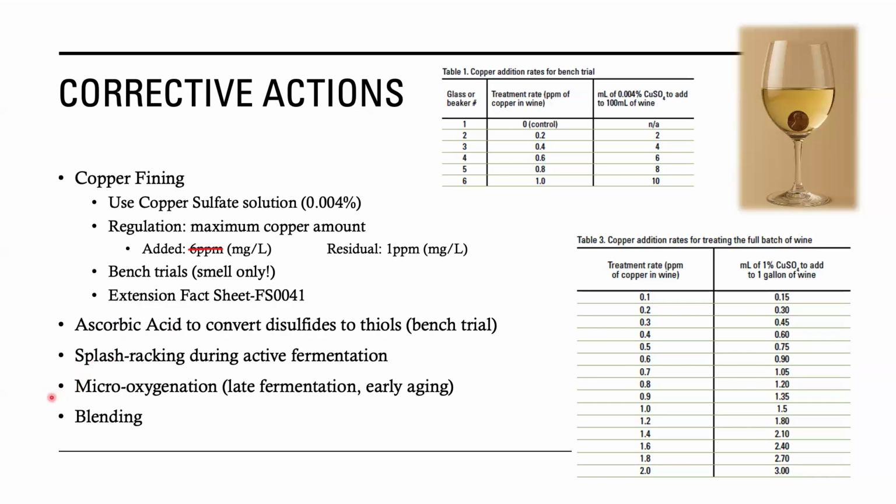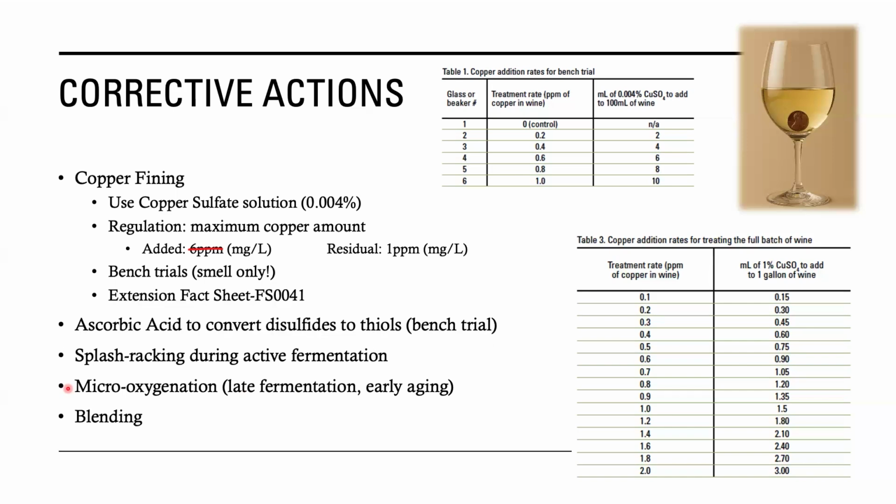You can use microoxygenation in late fermentation or early aging, but you need a whole set of equipment to control the amount of oxygen you're adding. This is not just bubbling through a stone. This is a controlled amount of oxygen that you want to add into your wine. So there is more to it.